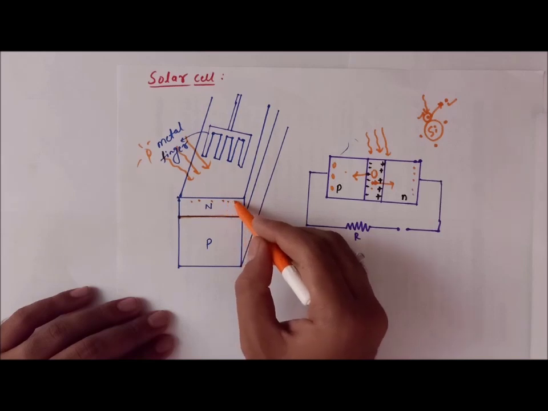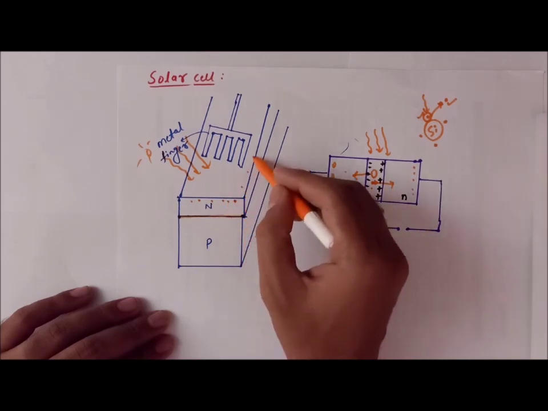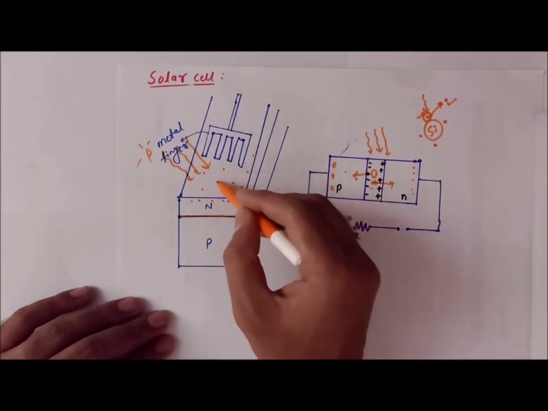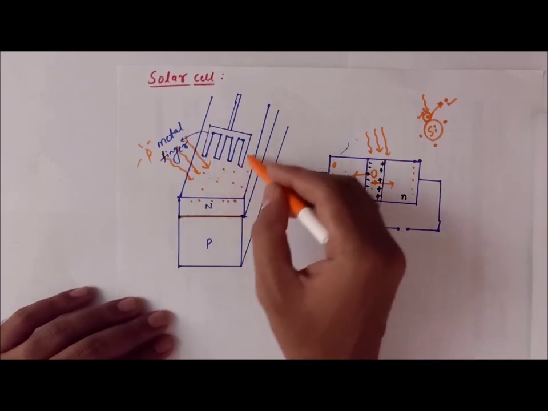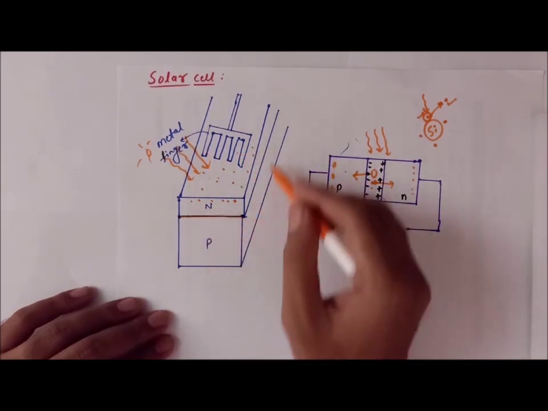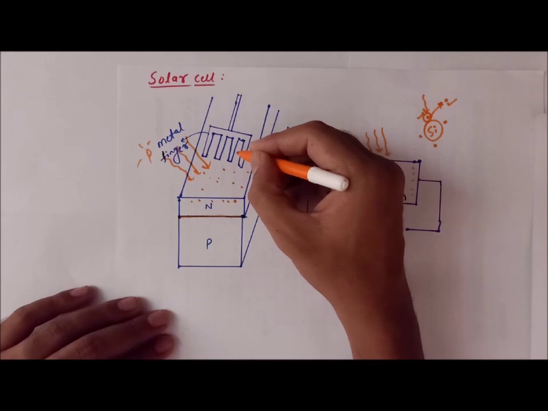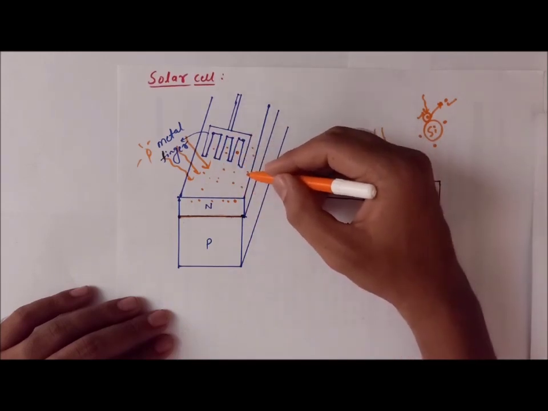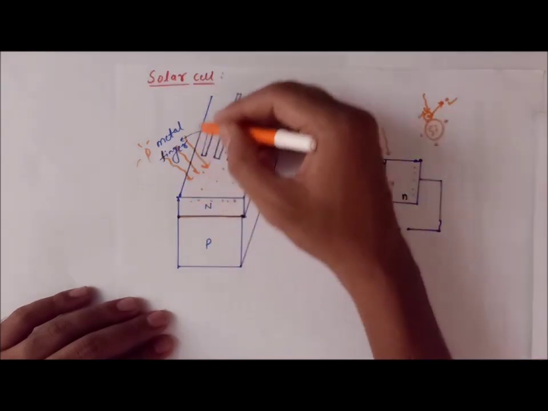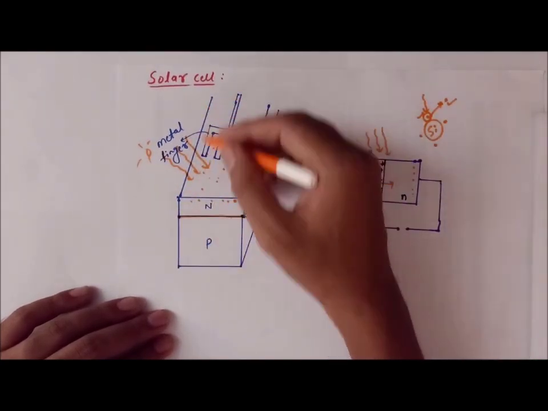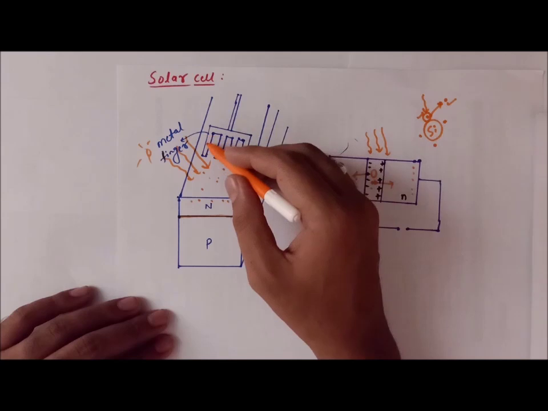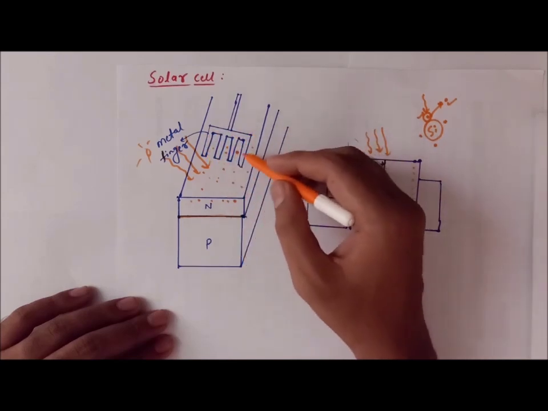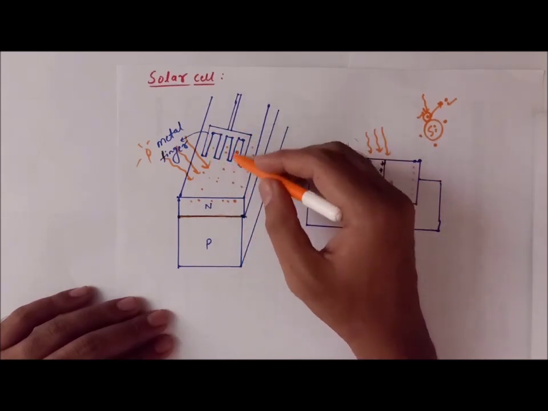These electrons produced on the N side semiconductor cannot move easily and produce current in the semiconductor itself. That is why they place metal fingers. These are the metal fingers, made up of metal.